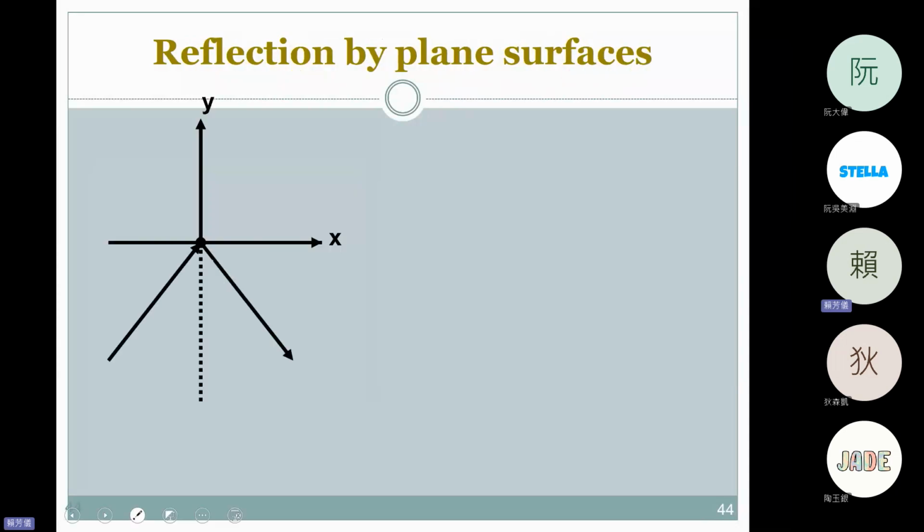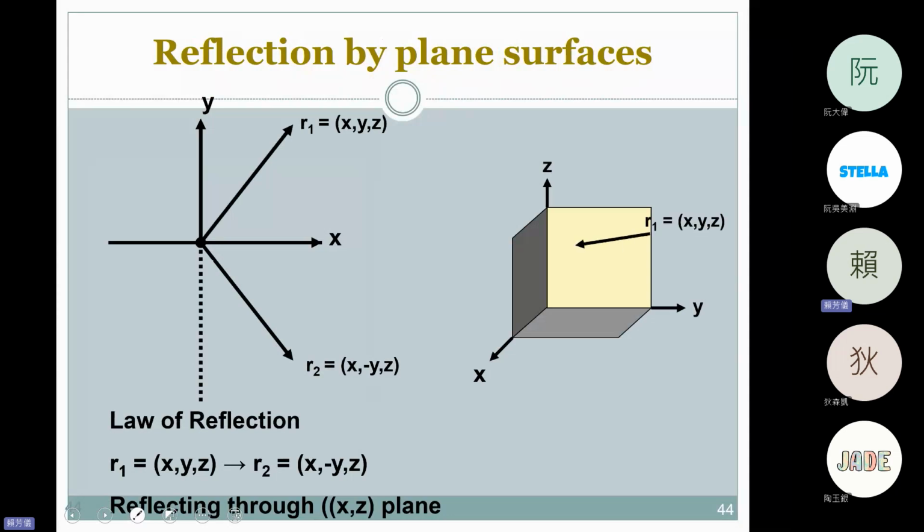Okay, a reflection by a plane surface tells us that whenever a reflection happens, the image will change one direction. For example, when we look in the mirror, the left side and the right side of the image are different from ours. So every reflection changes one dimension.